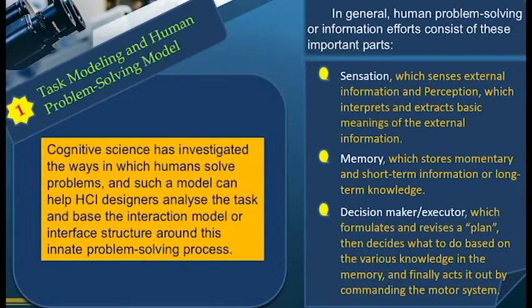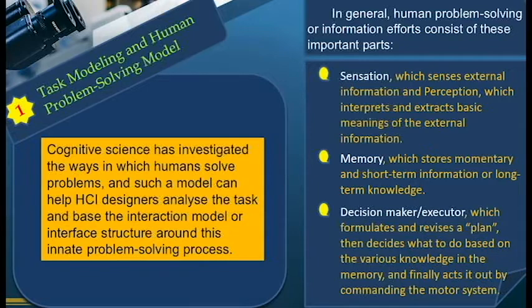And then we have the decision maker or the executor, which formulates and revises a plan that decides what to do based on the various knowledge in the memory and finally acts it out by commanding the motor system. So basically it executes a task.